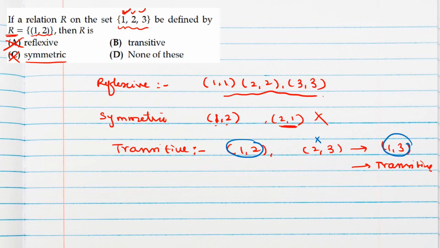If this element also will be missing, then only we will say it is transitive. Okay, so if any one element is missing from the conditional statement, by default it will become transitive. Okay, because we can't say anything about this element, no need to check actually. So here we have (1, 2), (2, 3) is not there, so no question, so it is transitive. This particular relation is transitive.